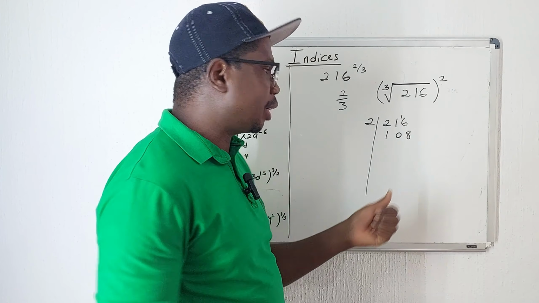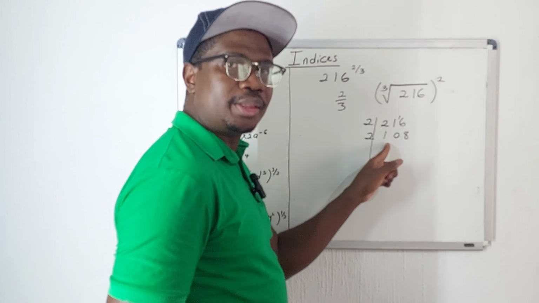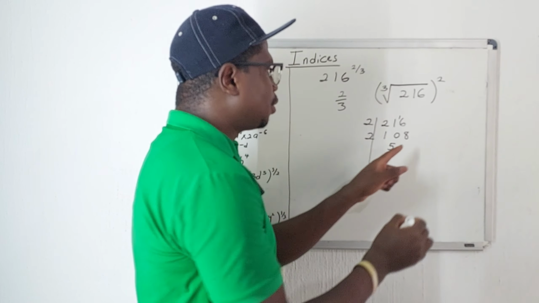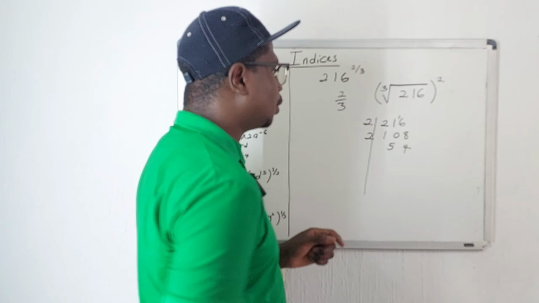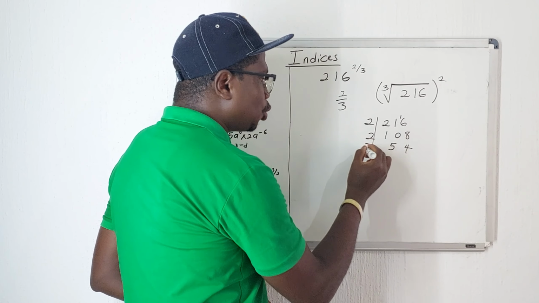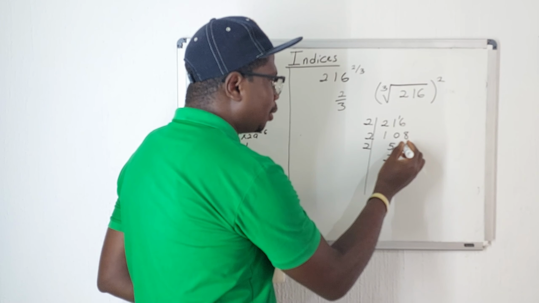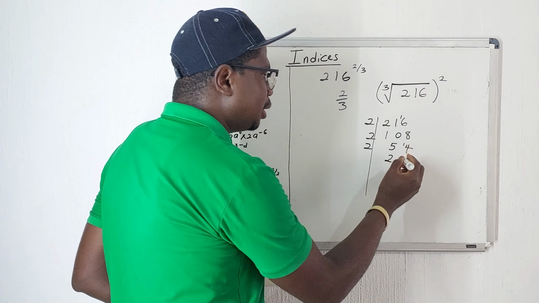This is still an even number, so we use 2 again. 2 in 10 is 5, 2 in 8 is 4. Still even, so 2 again. 2 in 5 is 2 remainder 1, 2 in 14 is 7.